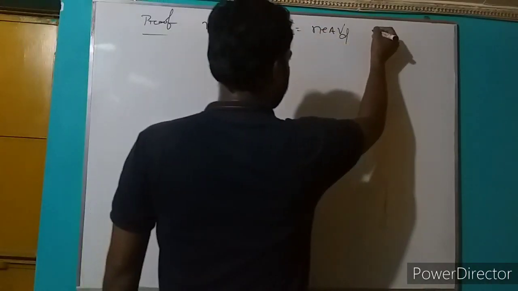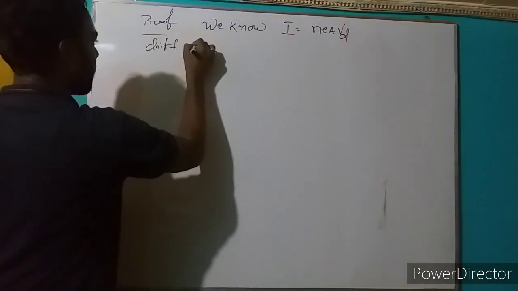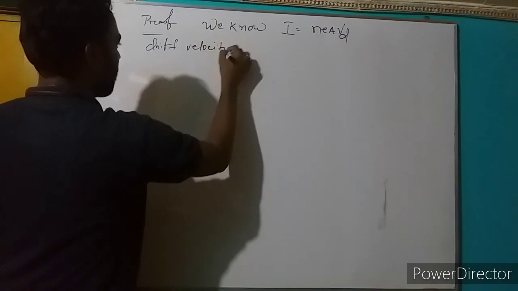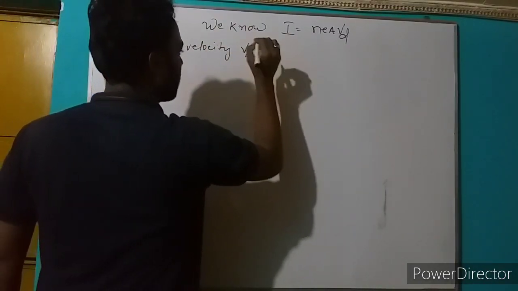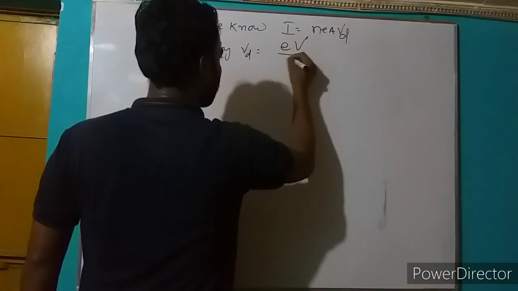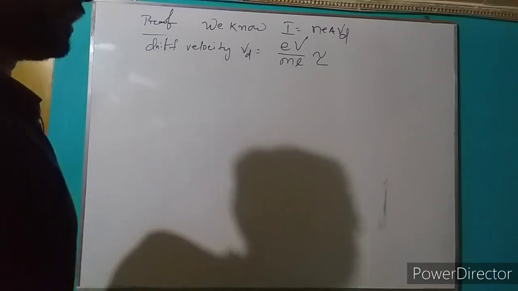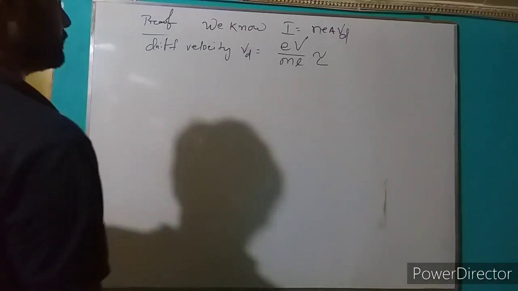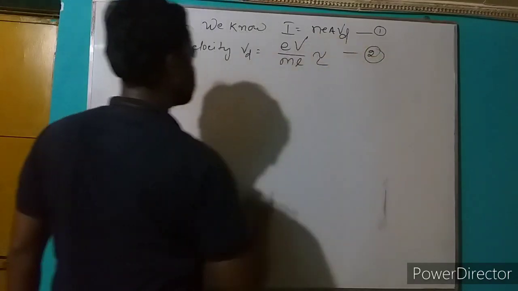Similarly, drift velocity VD equal to E V by m l into tau. Okay, clear? Now this is equation number 1 and this is equation number 2.